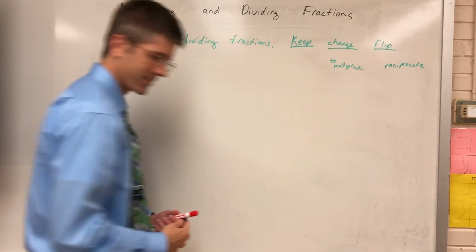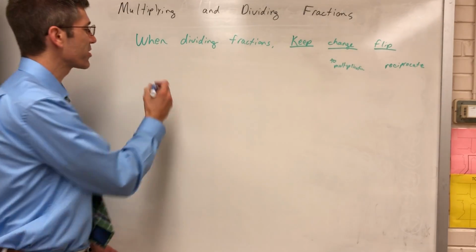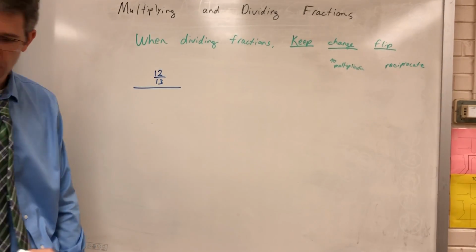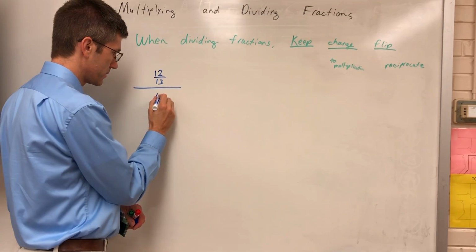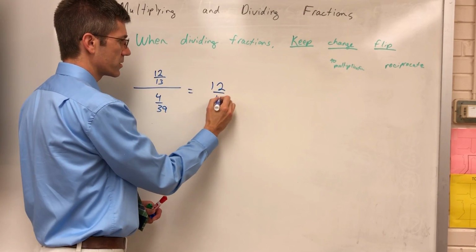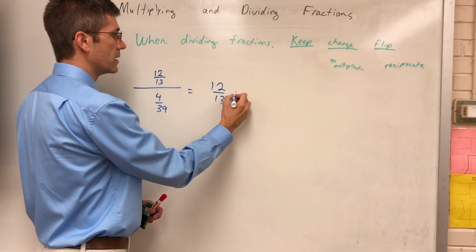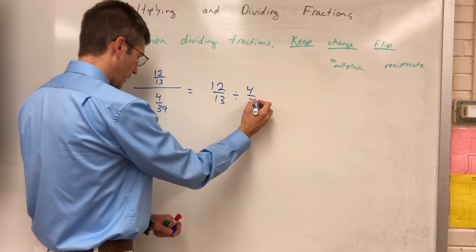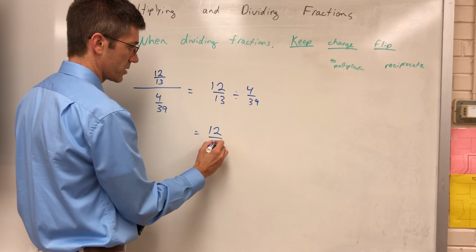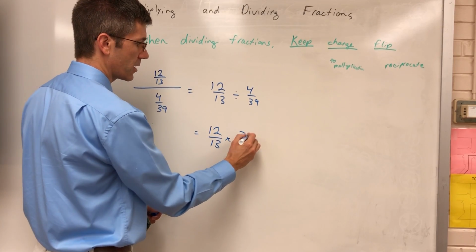Oh, but I'm hungry. All right, 12 over 13 divided by 4 over 39. Here we go. 12 over 13 divided by 4 over 39. And we're going to do 12 over 13 times 39 over 4.